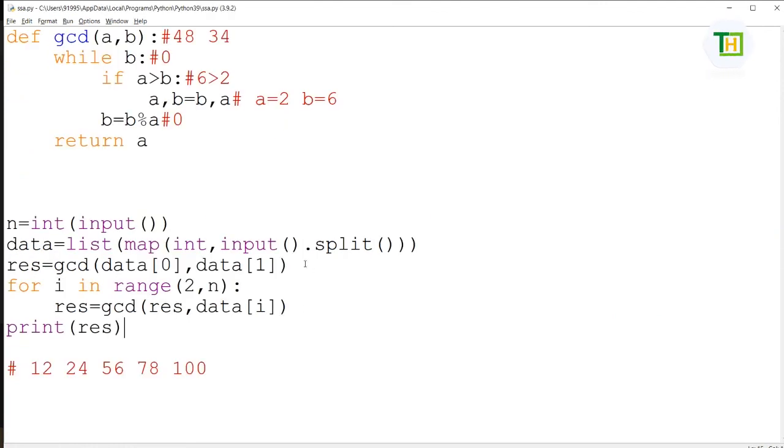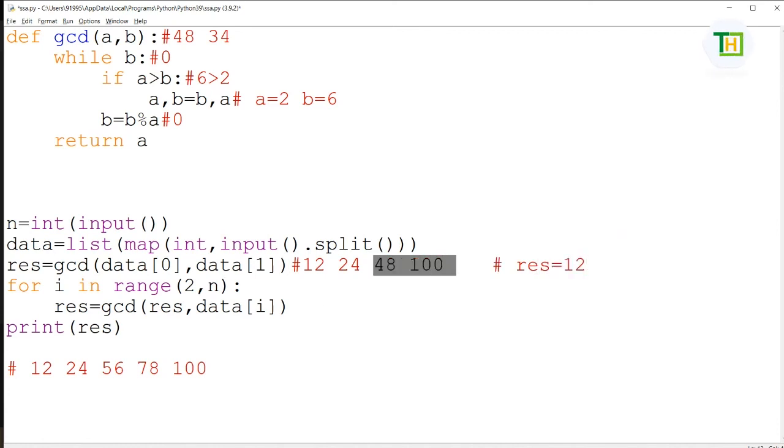Okay, I'm going to explain it here. First of all, what is the GCD of these two values? The GCD of 12 and 24 is going to be 12. That means the result contains 12 here. Now I'm going to start from here.